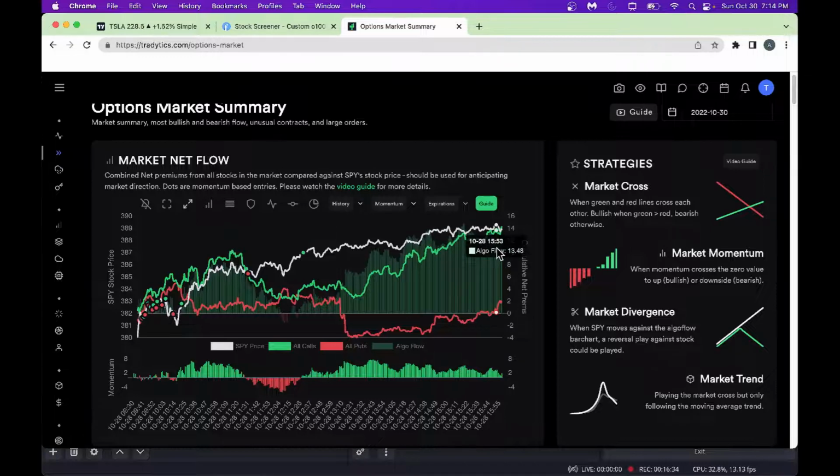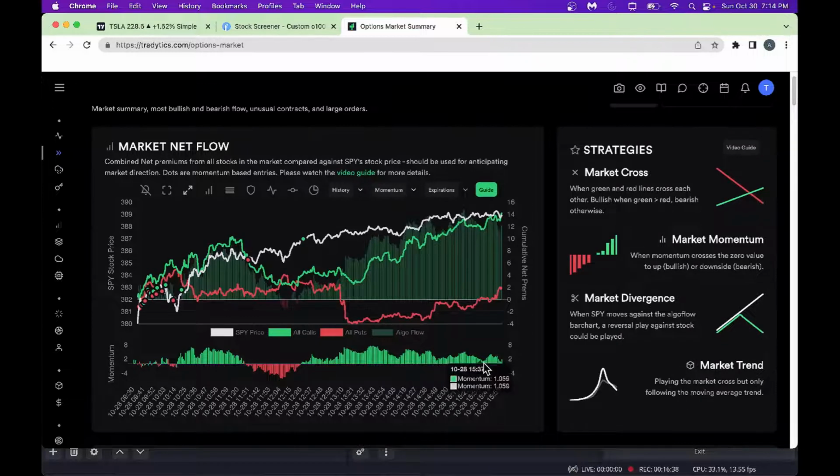And then finally, you can look at the market itself. There is a nice momentum indicator here, which is also a good one. Because there is a lot of hedging going on in the market, they don't just look at the SPY. When they look at the calls and the puts, they look at the entire market to get a better idea, because many times SPY is used for hedging.